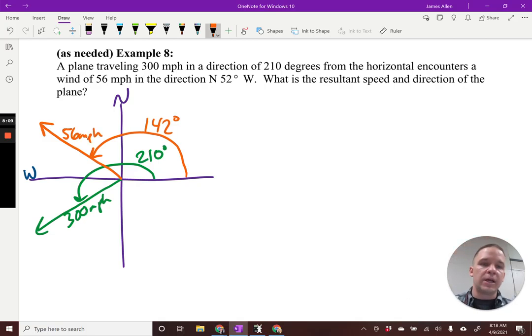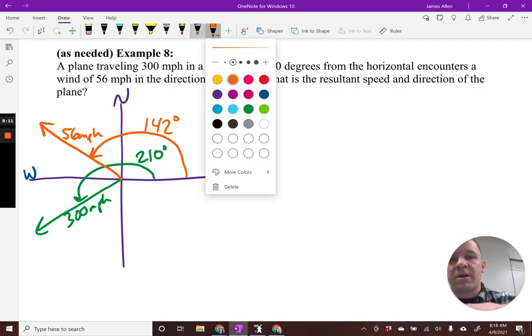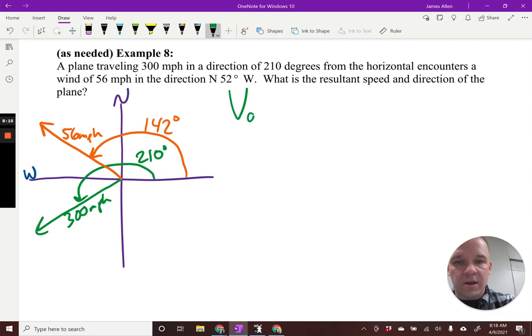Okay, so now let's set up our 2 vectors. So we got our vector of the plane here. I feel like A is confusing because it could be air, so let's go with the plane.